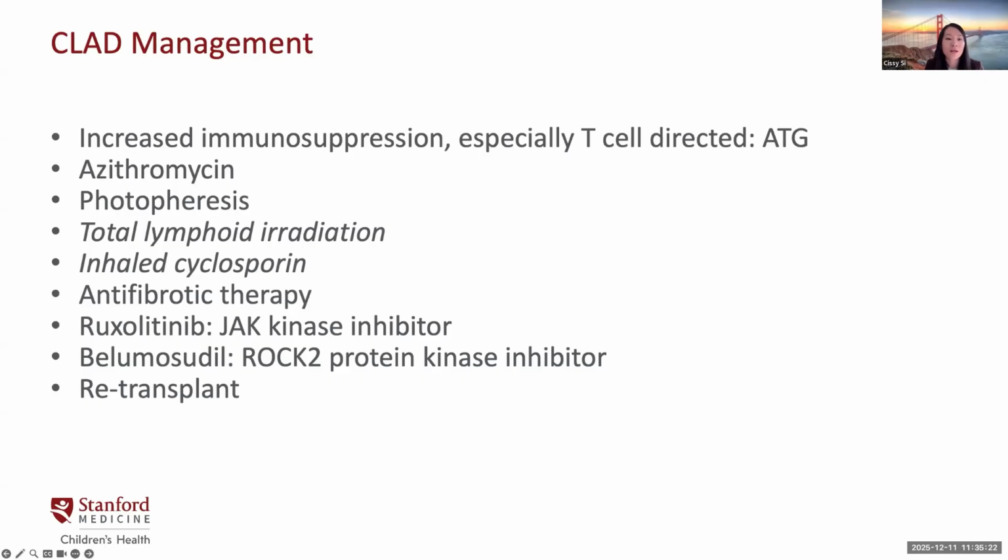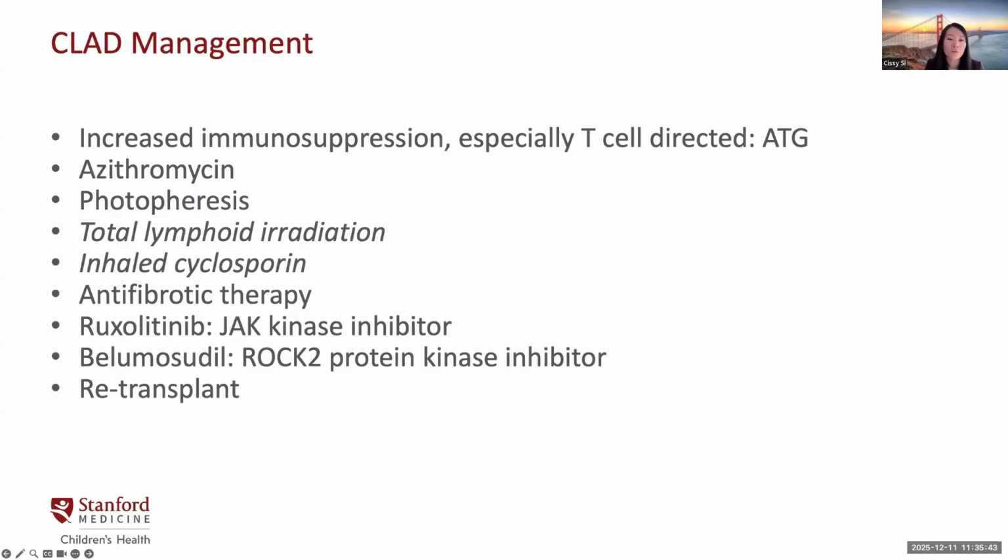Other things that can be tried include antifibrotic therapies, using things like ruxolitinib or belumosudil, learning from our stem cell transplant colleagues. But ultimately, these treatments at best slow or temporarily halt the loss of lung function.